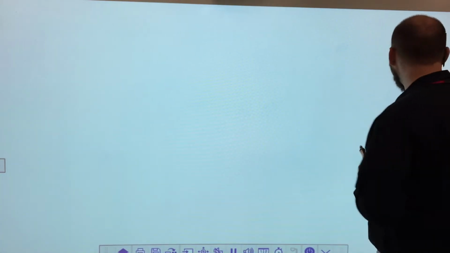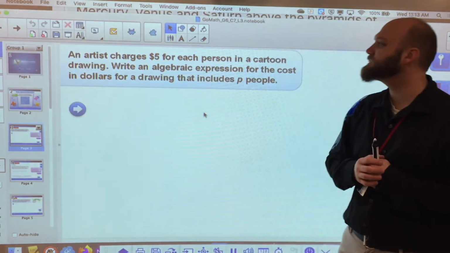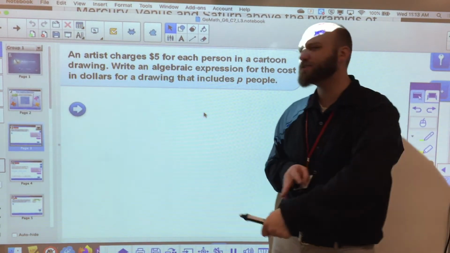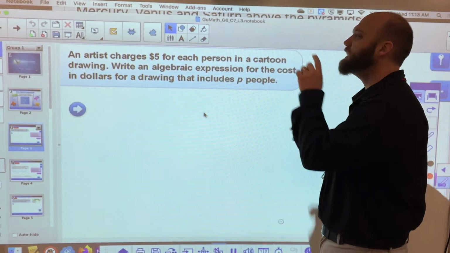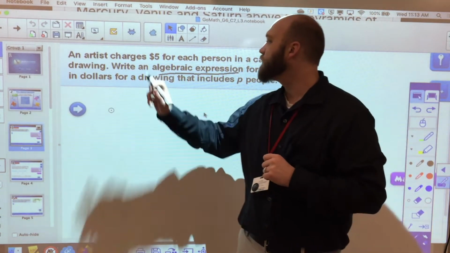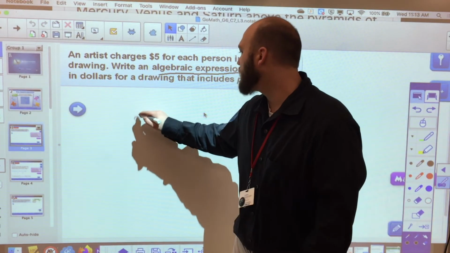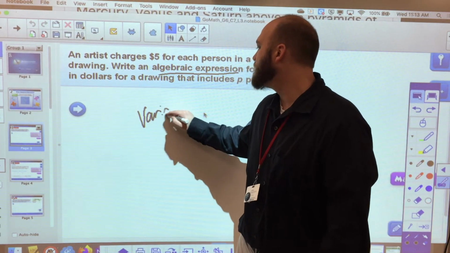So let's go ahead and work on writing some algebraic expressions. An artist charges $5 for each person in a cartoon drawing. Write an algebraic expression, which means I'm going to have a letter in it. Now this letter is called a variable.